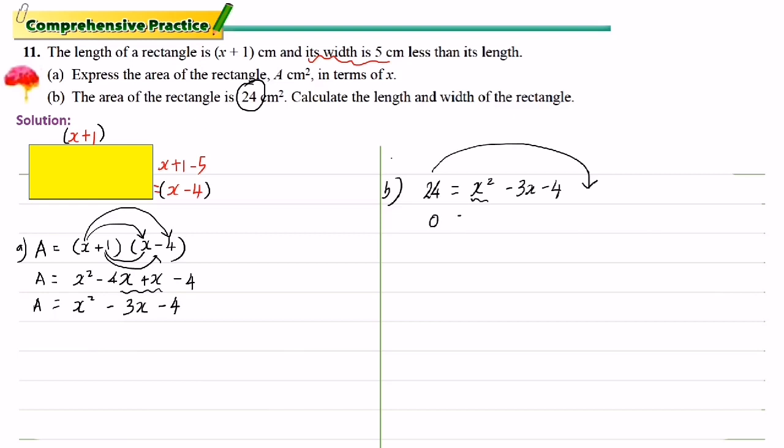So 0 equals s squared minus 3s minus 4 minus 24. 0 equals s squared minus 3s minus 28. Okay, so now I write it as s squared minus 3s minus 28 equals 0.